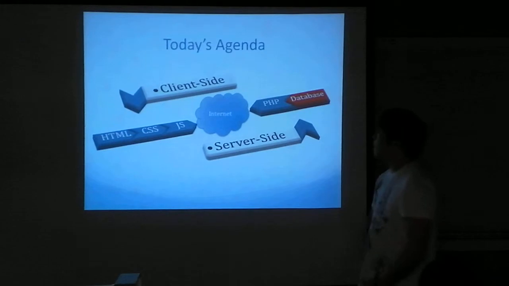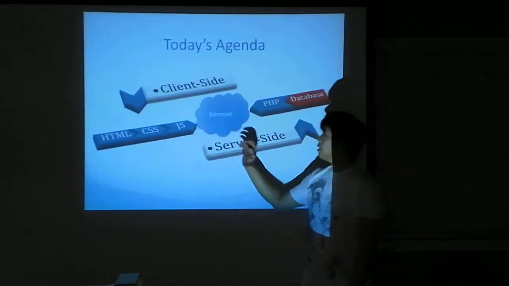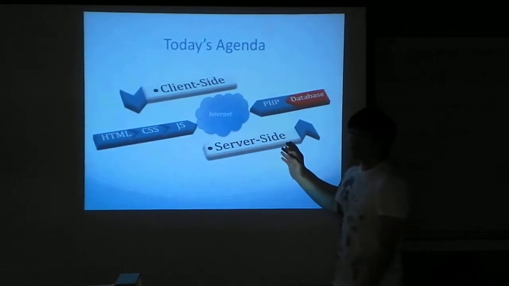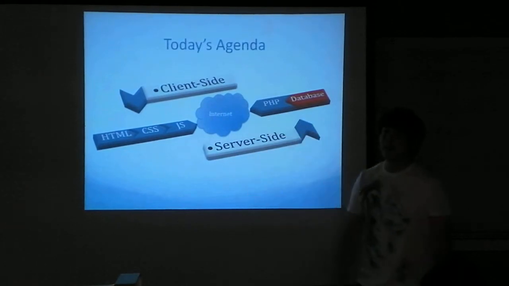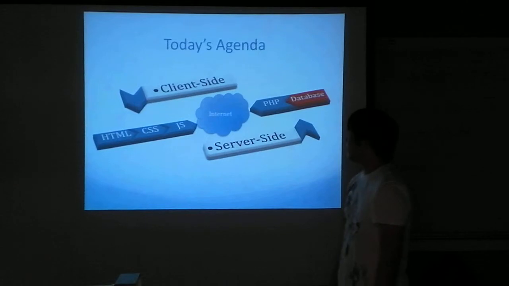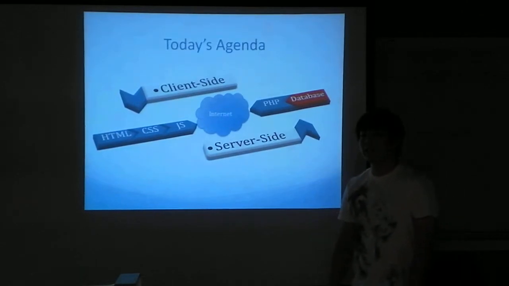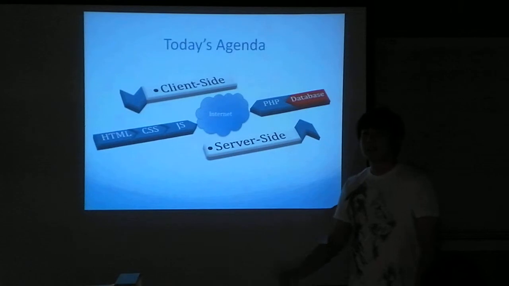Okay, so in the scope of the class, we've talked about HTML, CSS, JavaScript. Those are all client-side technologies. And last week we started jumping into the server side. We talked about PHP, and if you remember, one thing we said about PHP is that it's not necessarily the only server technology out there. There's other stuff like Ruby on Rails that's becoming very popular in the web development space, and a lot of startups use it.